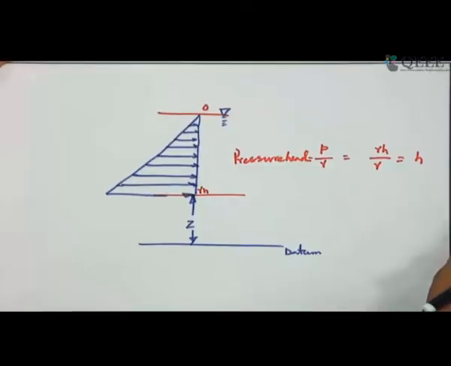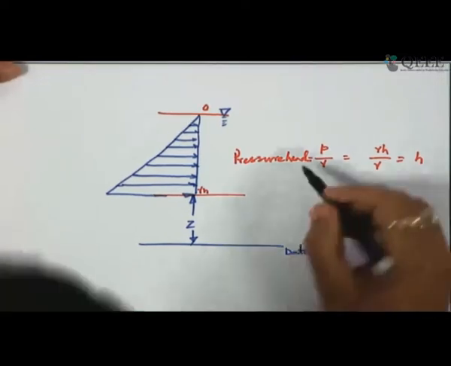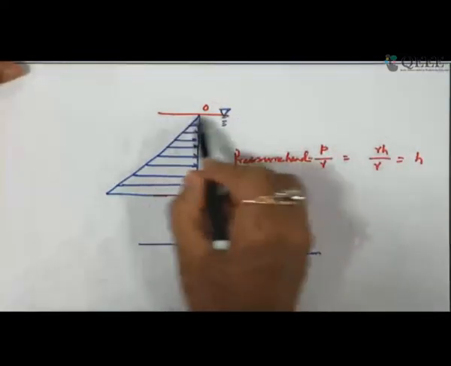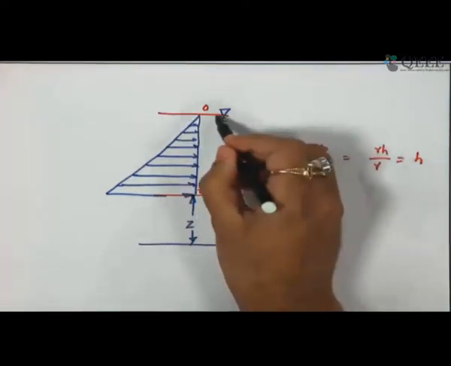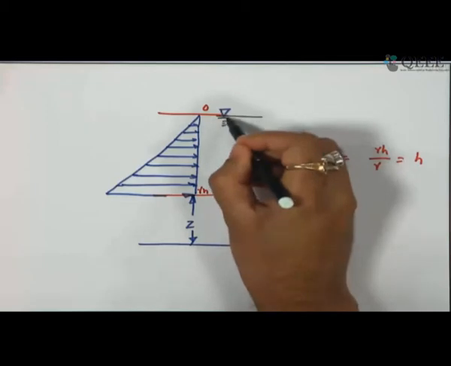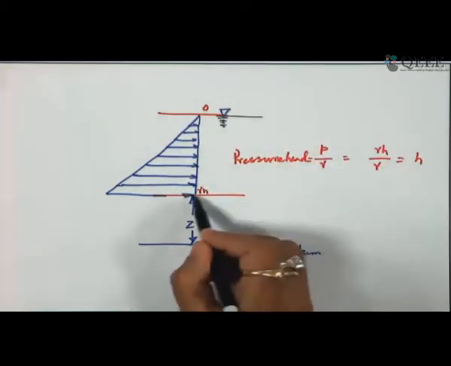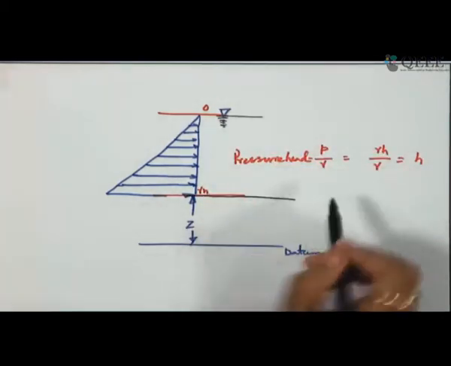So the first concept is related to pressure head. Why do we take pressure head as a depth in open channel? Let us consider this part as our free surface, and this as the channel bottom.